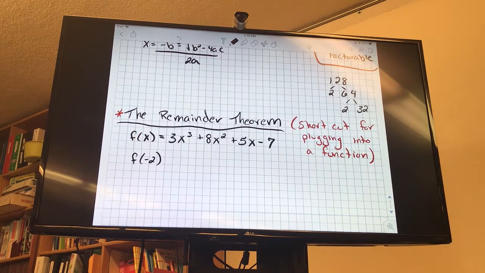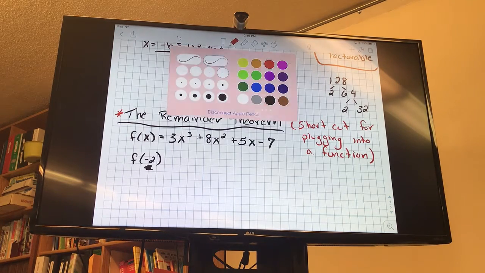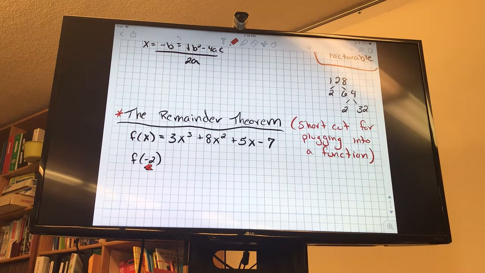Okay, what the remainder theorem tells me is there's this neat little trick with these polynomials. If I actually synthetically divide this by the negative 2, the remainder I get out is what I would get out if I plug the negative 2 in. Basically, if I'm synthetically dividing by negative 2, do you agree the factor is x plus 2?